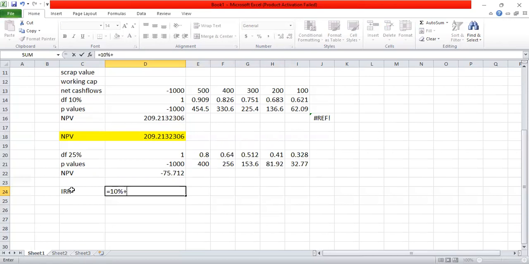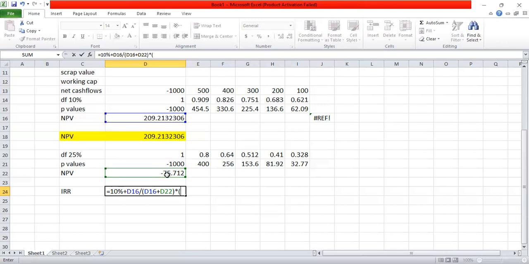You add lower rate NPV, that is this, divided by lower rate NPV plus higher rate NPV, multiplied by higher minus lower rate.